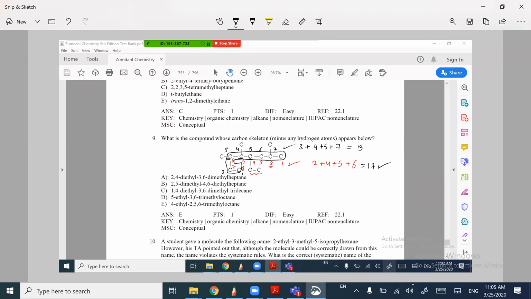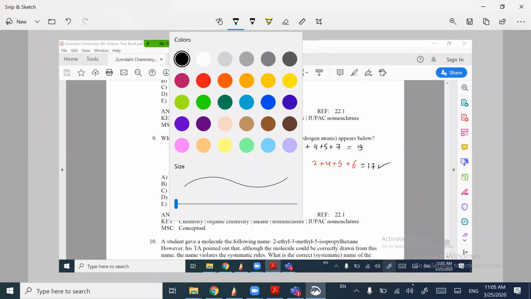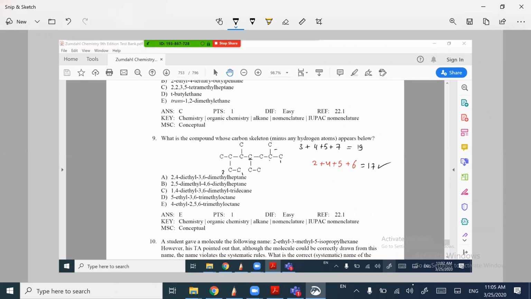According to this, when we have a branch of one carbon atom, it's called methyl, and two carbon atoms, ethyl. Let's clean this. We start counting from this side: 1, 2, 3, 4, 5, 6, 7, 8.